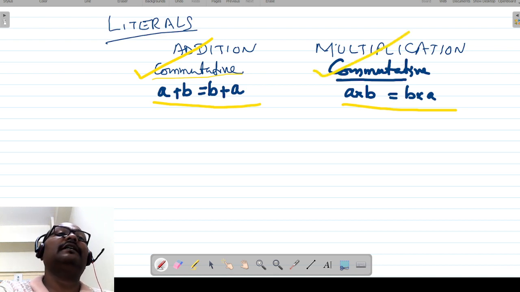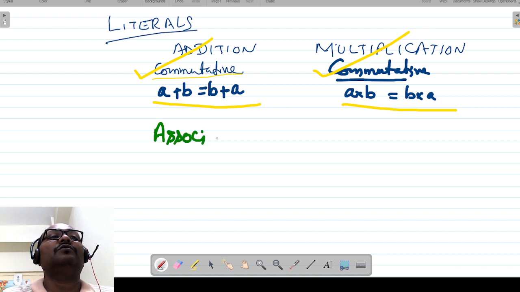The second property which we will learn is associativity. They are associative for addition and even for multiplication. What is associative?